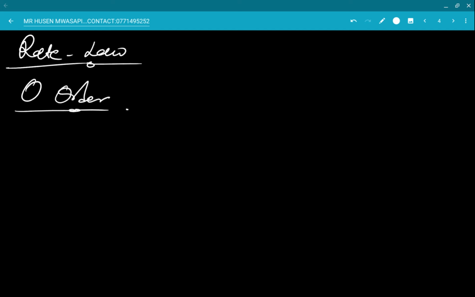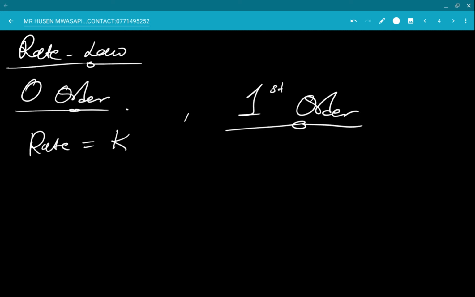The rate law for a zero order is simply rate being equal to what? K. The rate law for a first order is simply rate being equal to K times the concentration of what? The reactant.